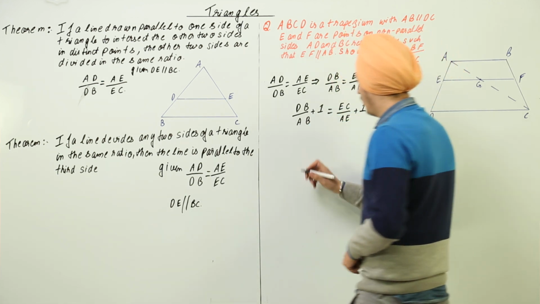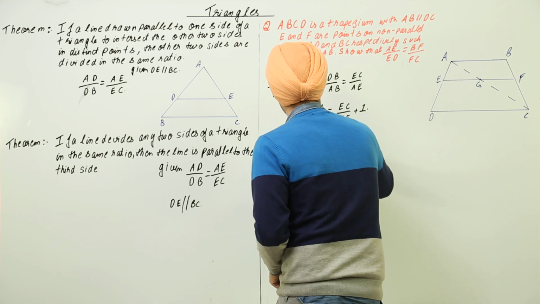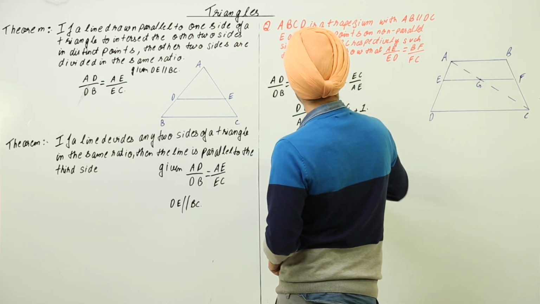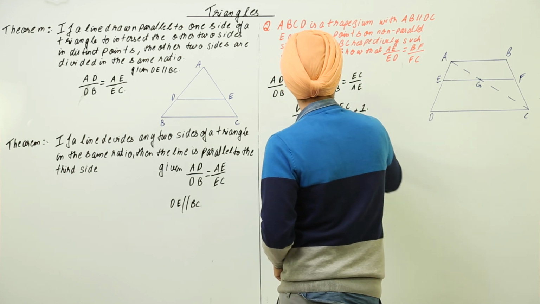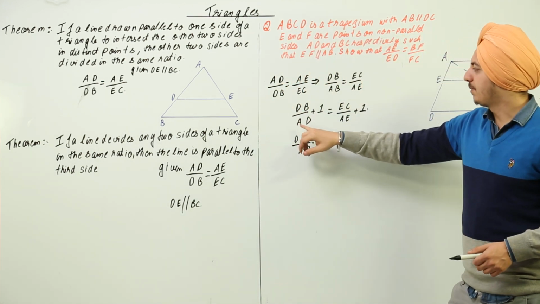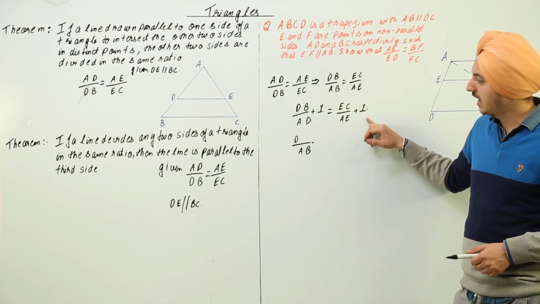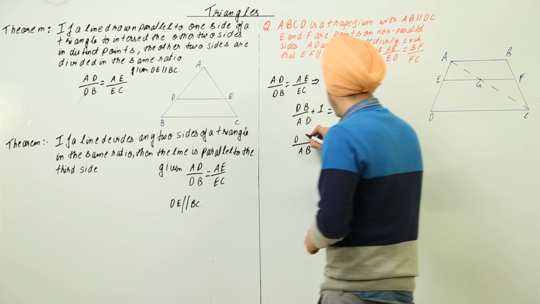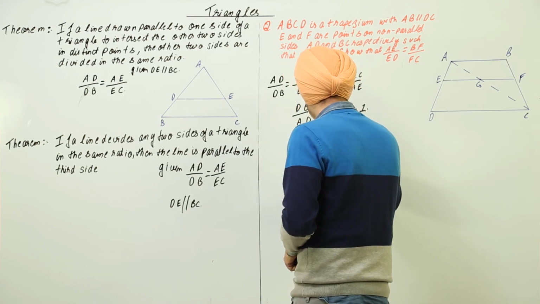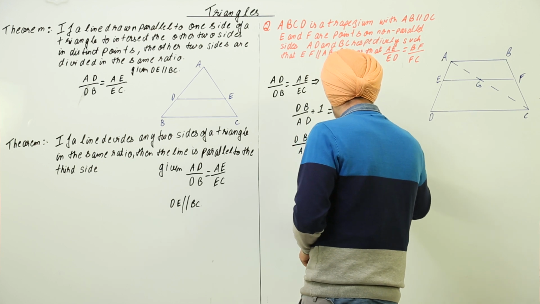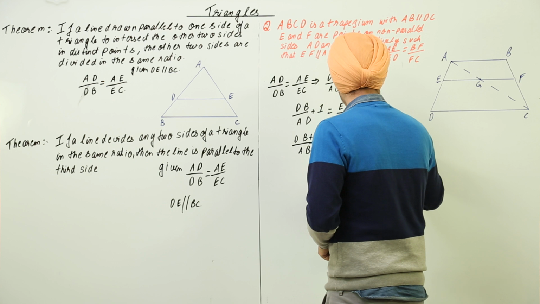Okay. Now over here, this is AD, not AB. Yes, this is AD. This is DB upon AD plus 1, this is EC upon AE plus 1. Okay, so this is DB plus AD, correct, is equal to EC plus AE.